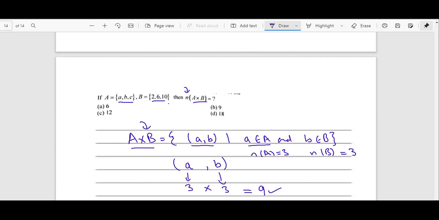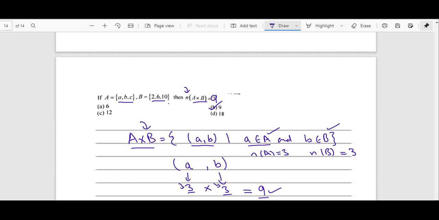So B is the answer, right? So obviously we knew that this set would be made using A and B. A has 3 elements, B has 3 elements. I simply have to multiply 3 into 3 because in total I will have 3 choices here and I will have 3 choices here. So 3 into 3 is going to give me 9, right? So 9 is the answer. So B would be the answer.